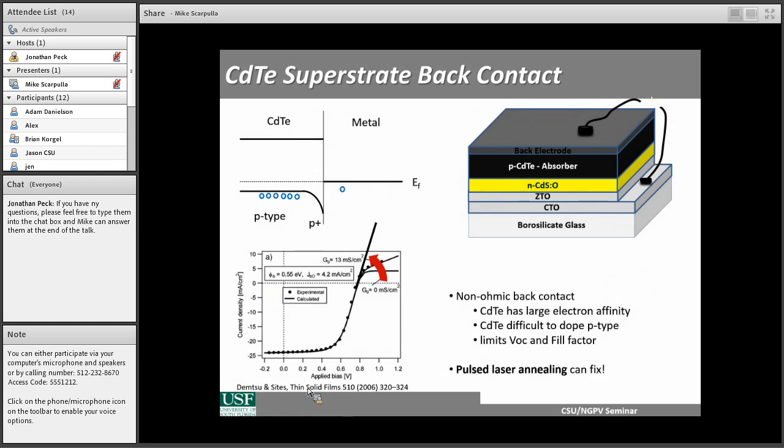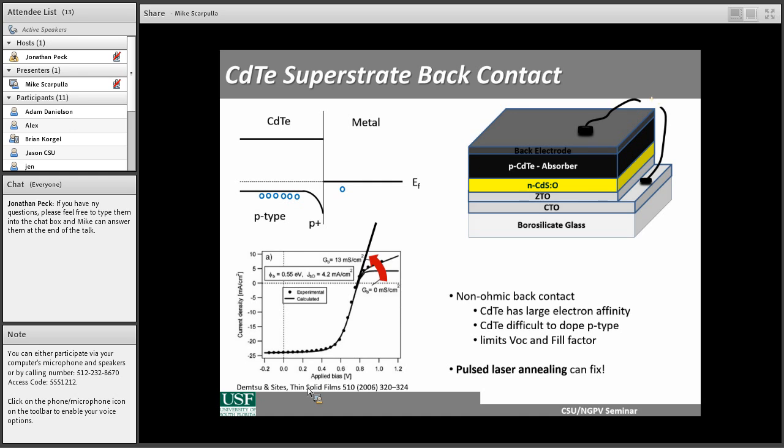The figure down in the bottom left shows the problem as formulated by Jim Sites' group. If you have a blocking back contact or a Schottky back contact, it can cause rollover in the first quadrant, and in some cases decrease VOC as well as just adding a series resistance.